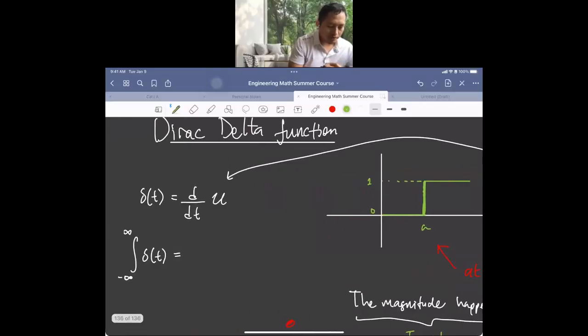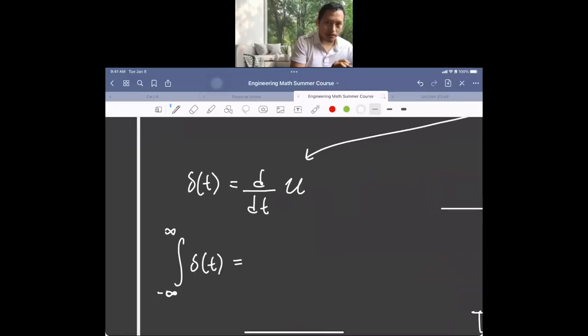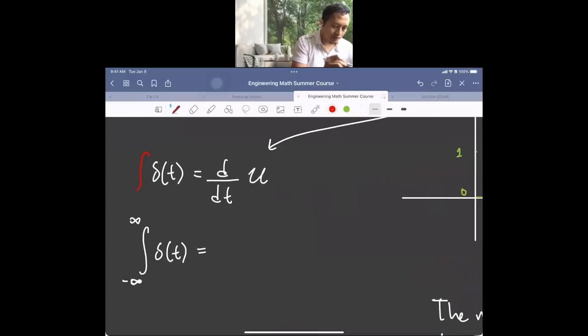So if we integrate, this integration will be just the Heaviside, right? The Heaviside from t equal negative infinity to t equal infinity.